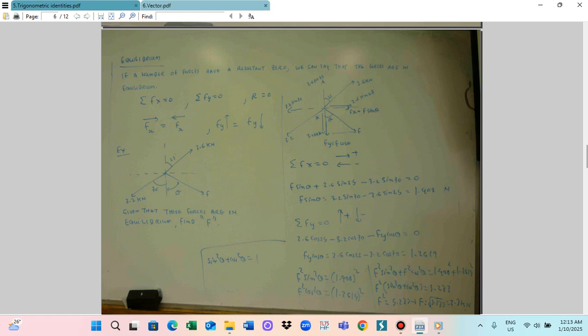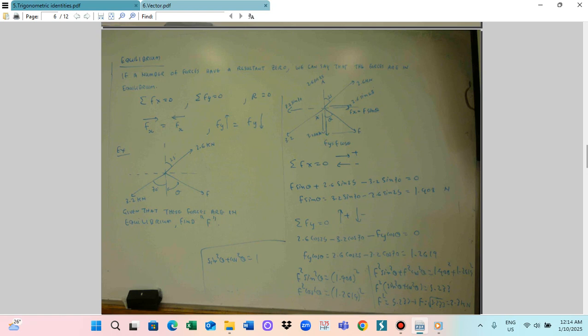Then you have to find F through the formula. So we square both sides. F squared sin squared theta is 1.908 squared, and also F squared cos squared theta is 1.2619 squared.